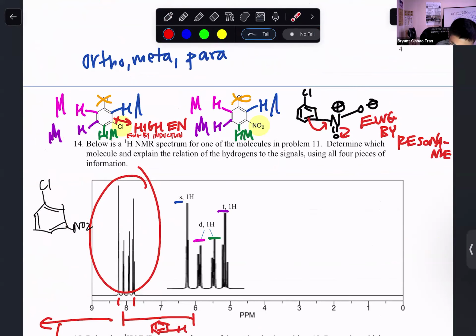If it was a chlorine, we would expect it to be somewhere in the original region 6 to 8, like that. But we see it a little bit more to the left side, a little bit more to the de-shielded side, meaning that we need a stronger group that withdraws or de-shields the hydrogens of the benzene, which is the NO2 here.